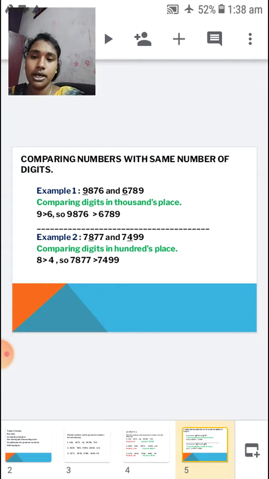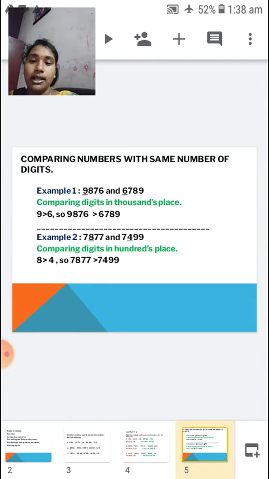So when you compare the two numbers, you have 9 in the beginning, that is you have 9,000 in the first number and 6,000 in the second number. So 9 is greater than 6. So the greatest number will be 9,876 and the smallest number will be 6,789.